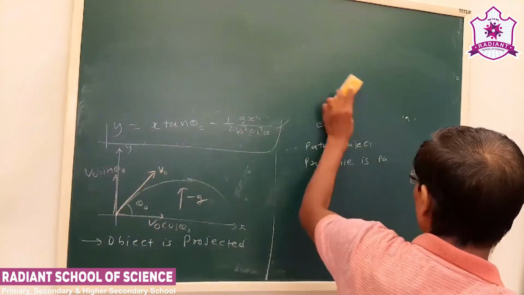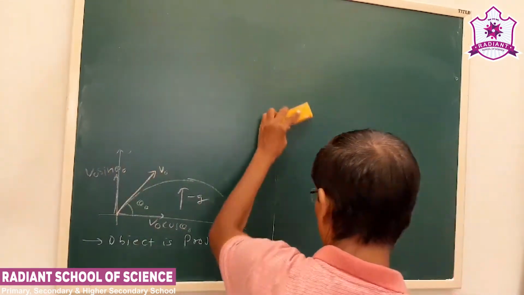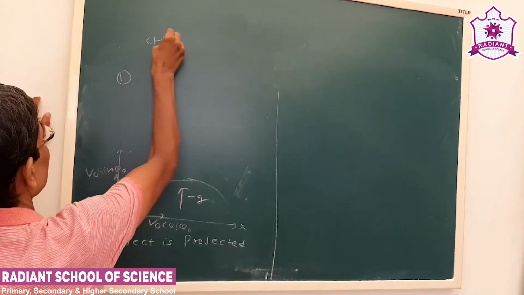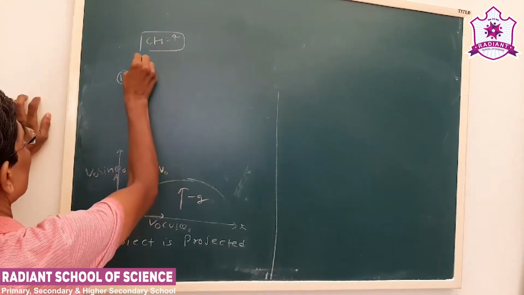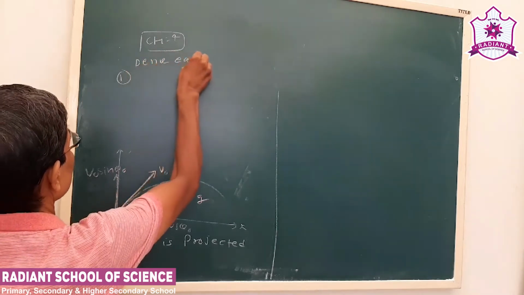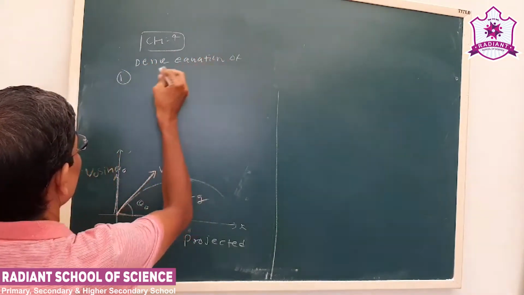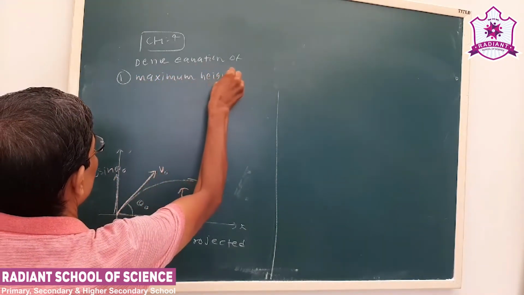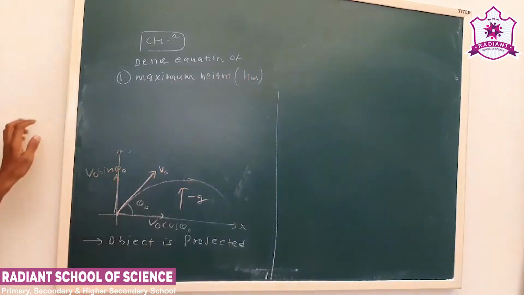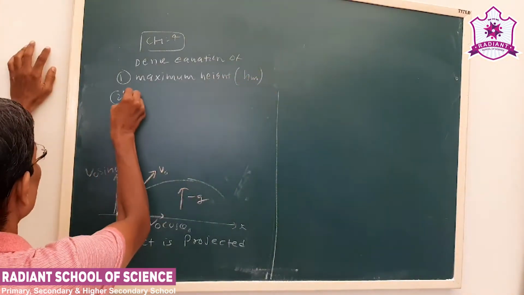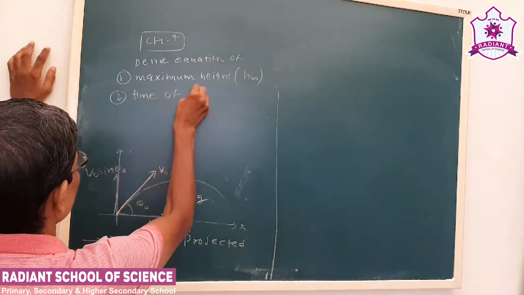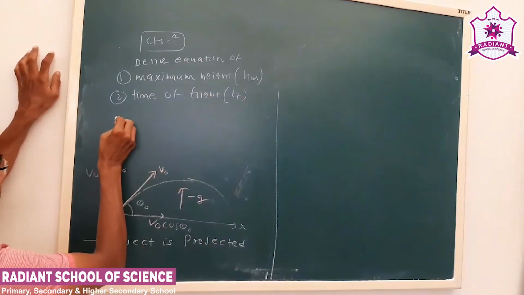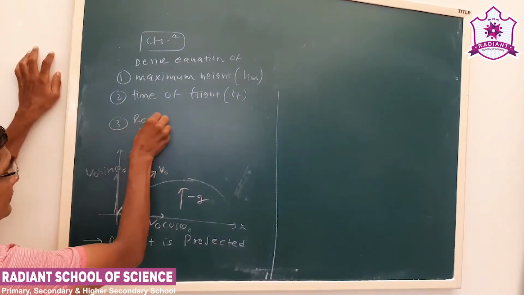Now see, next we have to derive the equations for the maximum height, hm, the time of flight, and the range.